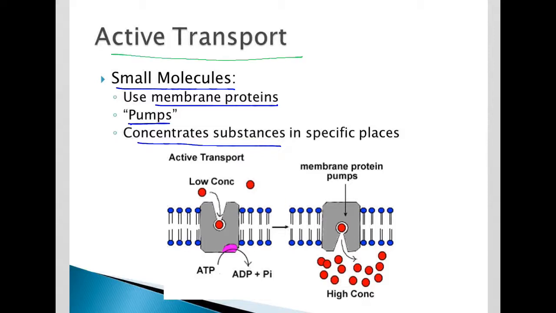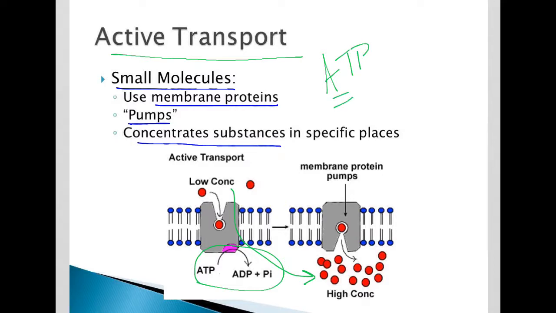You might have been wondering, why move something to a high concentration if it doesn't want to be there? Well, we might have a purpose for putting a whole bunch of things in a specific place, because we might use that for something. And so here in our picture we have low concentration and moving these red molecules to an area of high concentration. And notice what it's using here, and we haven't talked about this yet, but what it's using is ATP.